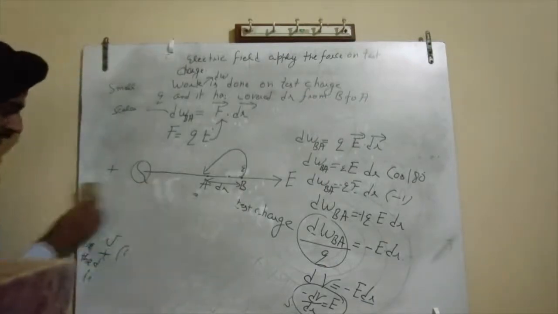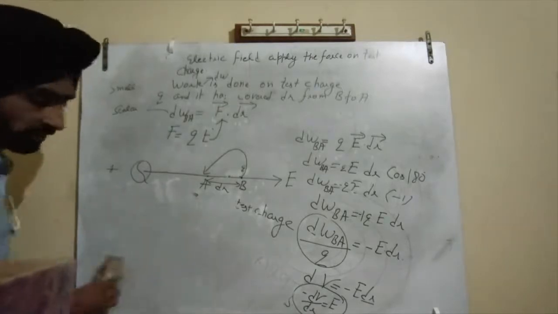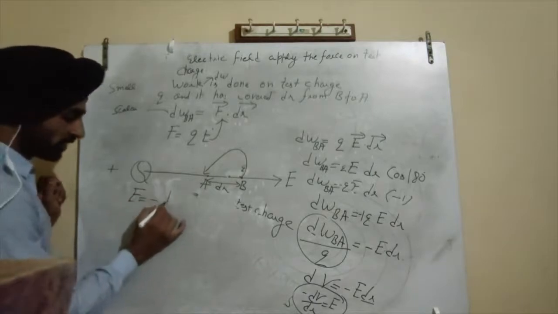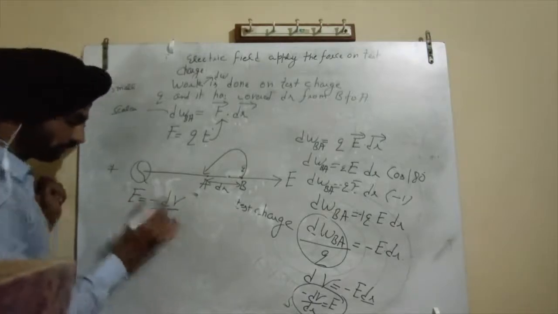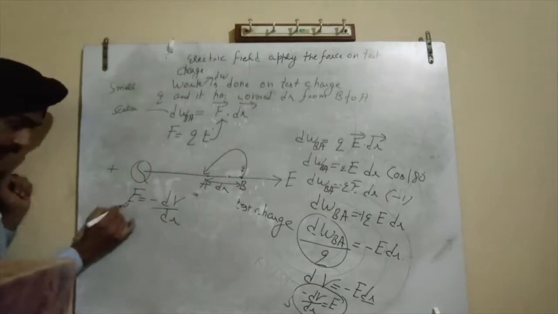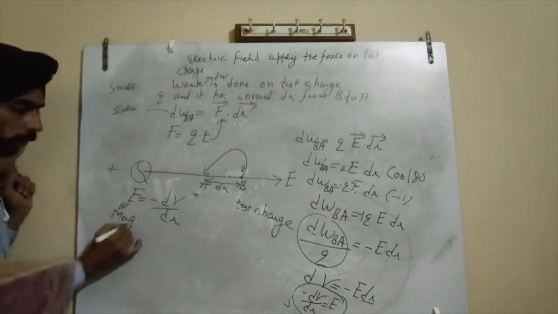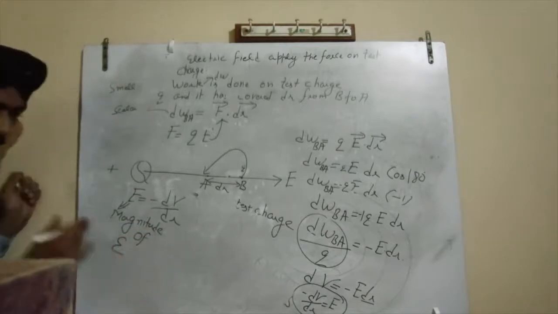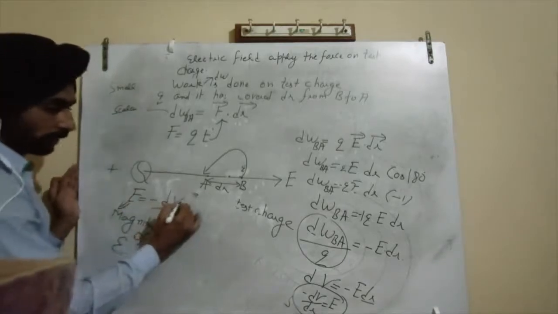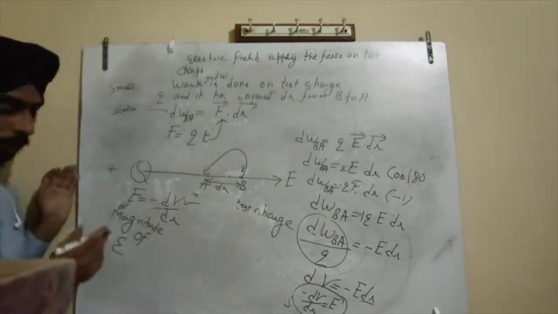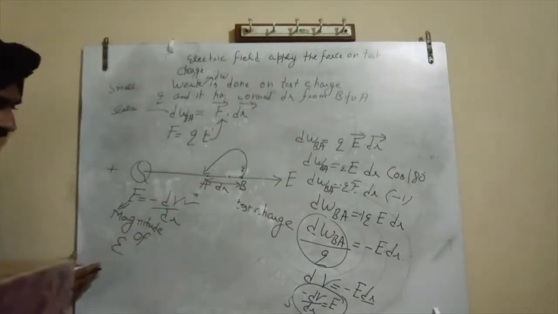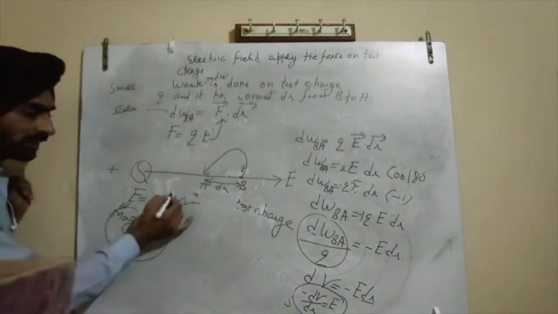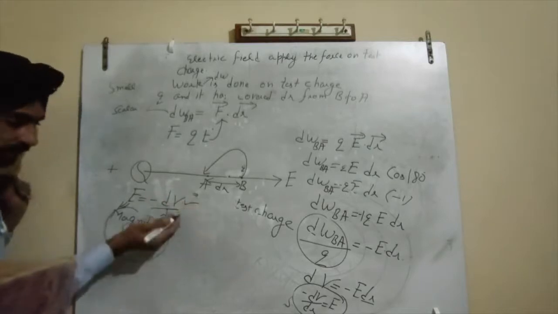So the second information that is given to us, you have to note down this concept. E is equal to minus dV upon dr. How can we say what is the magnitude of E? The magnitude of E is given by the decrease of potential with distance.